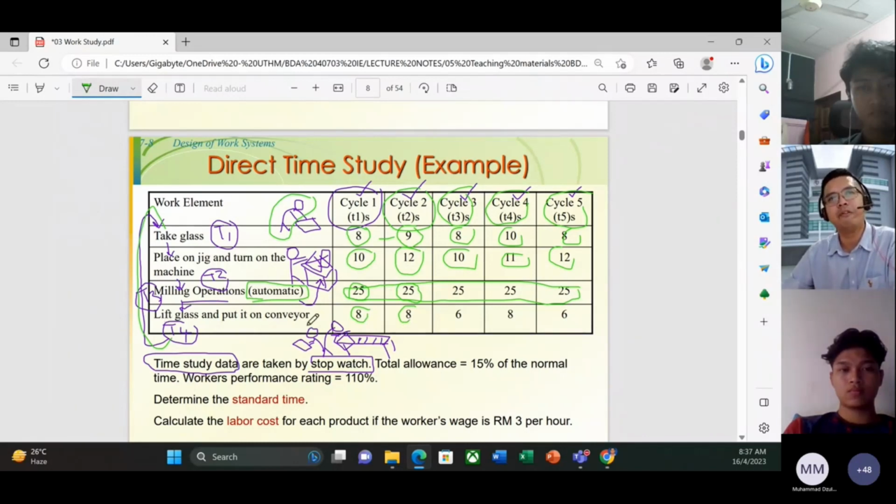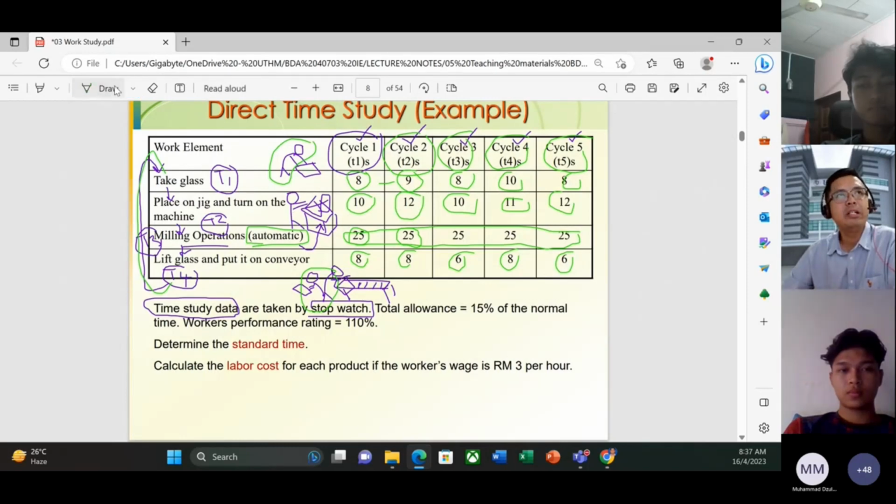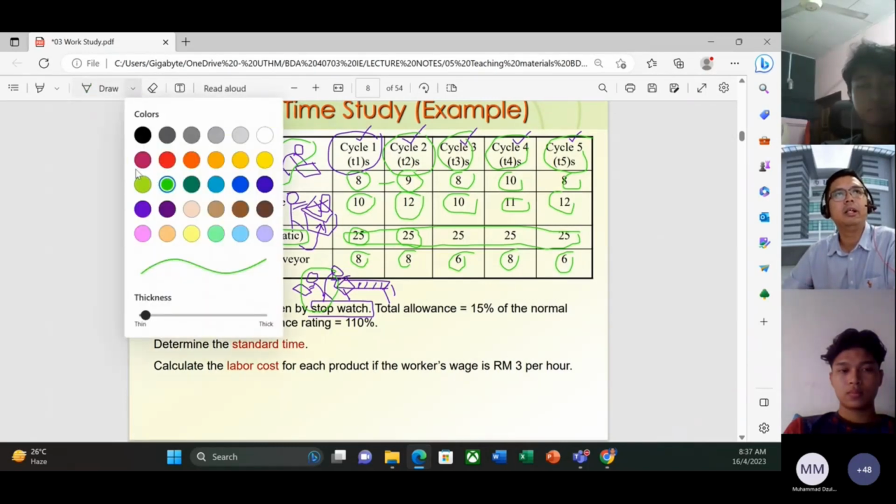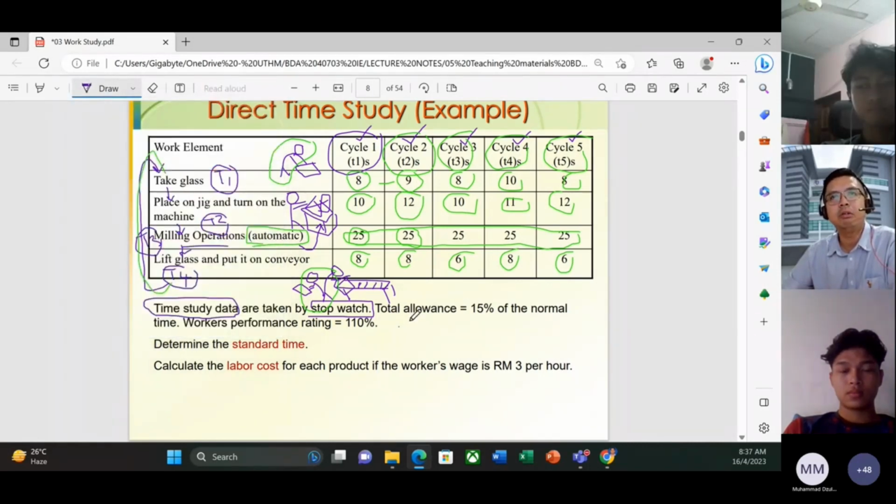And lifting the glass and putting it on the conveyor is still manual by a human, so it has different times: 6, 8, and also 6. So the question asks you: the total allowance given is 50%, and the worker performance rating is 110%.